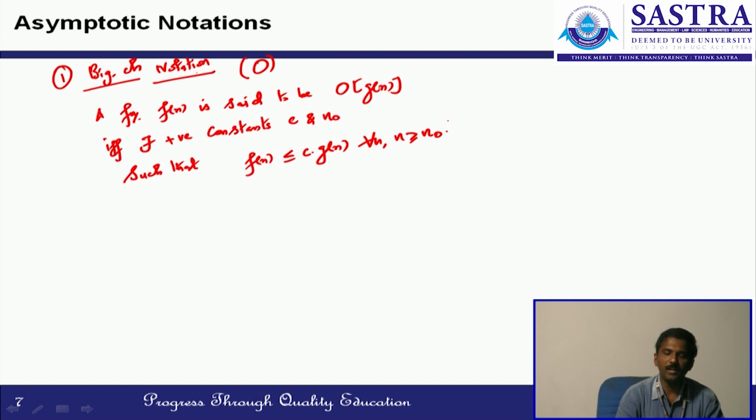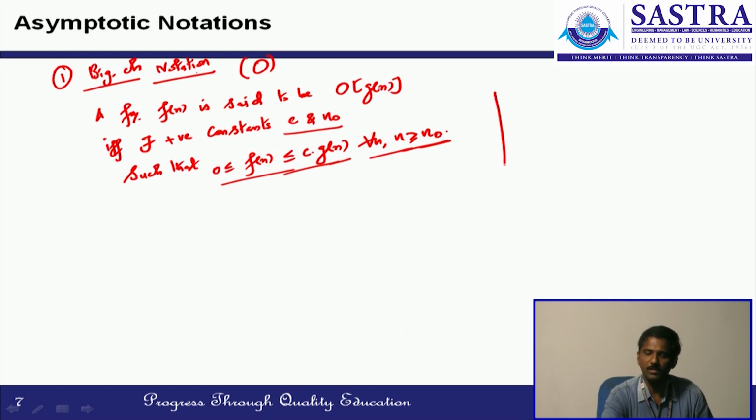We need to find two positive constants c and n0 such that this inequality should be satisfied: f of n is less than or equal to c into g of n for all n greater than or equal to n0. Since f of n is less than or equal to c into g of n, we have 0 less than or equal to f of n; f of n should be greater than or equal to 0.